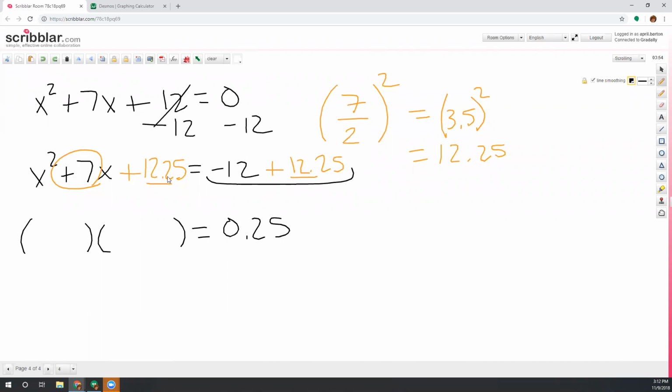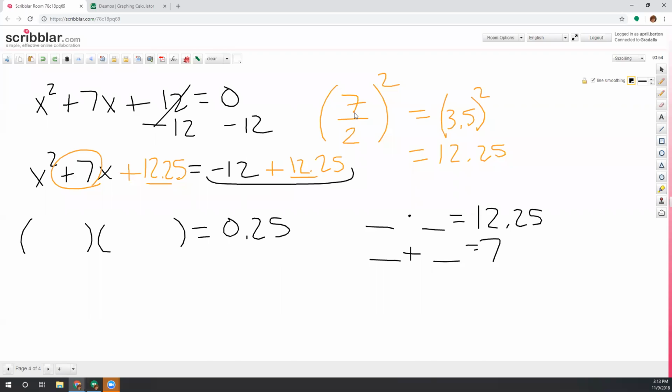Normally, when it's not a decimal, we go through that whole process again of figuring out, well, what multiplies to be 12.25 and adds to be 7. But the cool thing about this process is we actually already have the correct number.